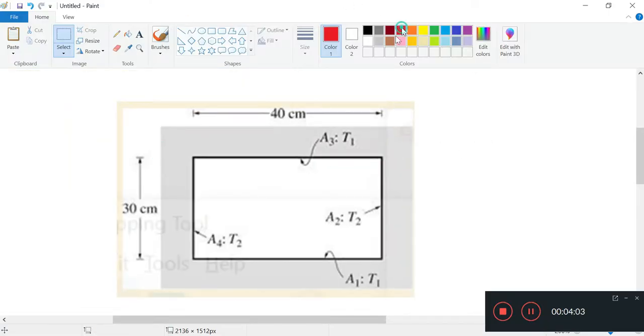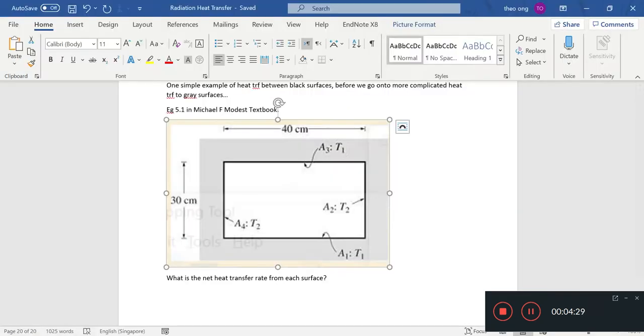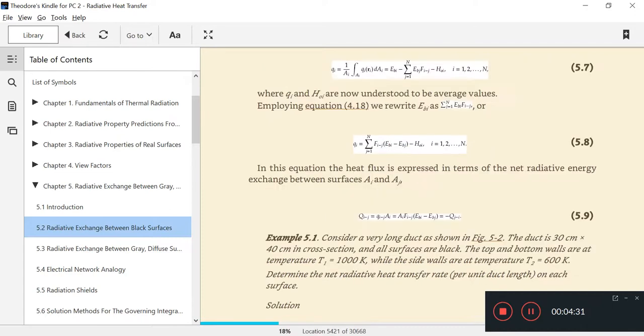What it's saying is that the heat transfer between A4 and A2 is 0 because they're both black surfaces, and there's no driving force for heat transfer. They are at the same temperature. Likewise, for the top and bottom, there is no heat transfer between these surfaces. So yeah, we can do that.